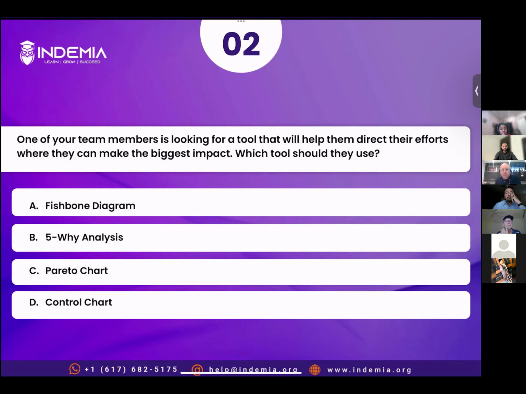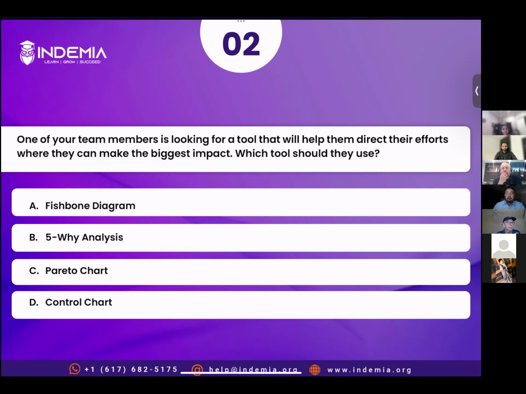All right. Could you please explain why not A? What's wrong with option A? So Has, why not? Sorry, I was on mute. Okay. The fishbone analysis will tell you different parts of RCA, right?